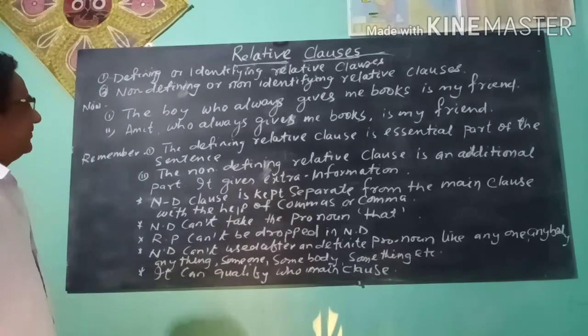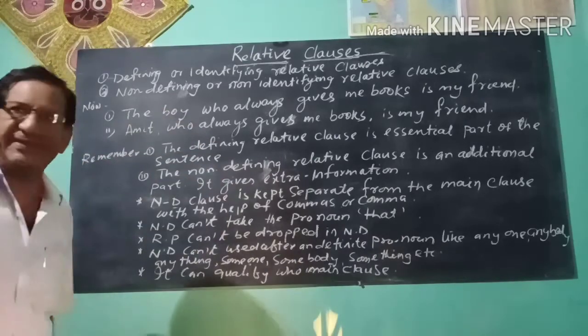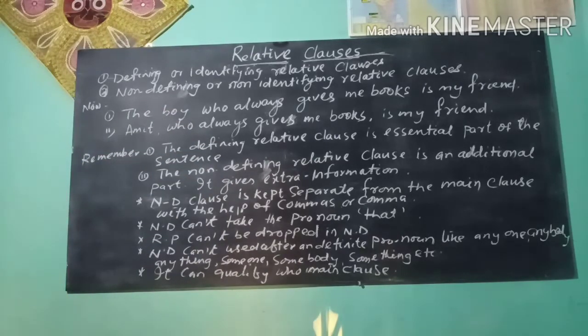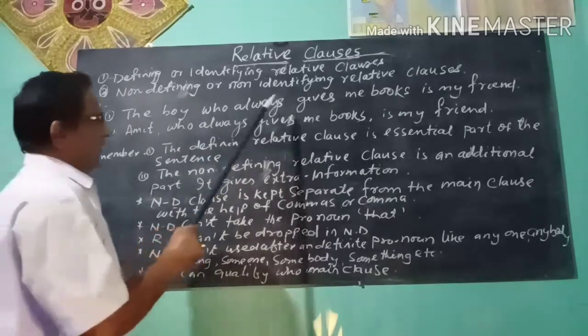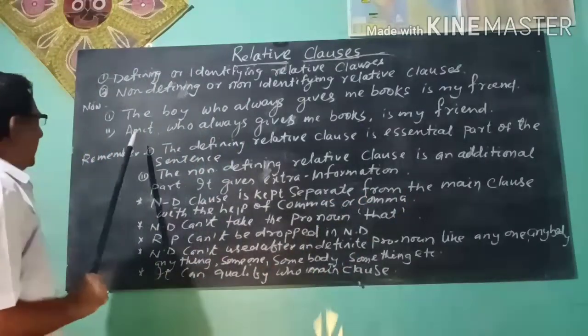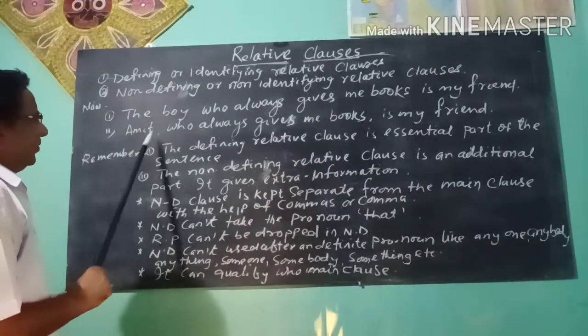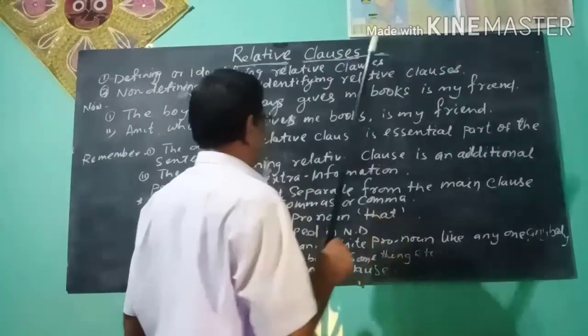Now you see, there are two sentences on the blackboard. The boy who always gives me books is my friend. Next, Amit, who always gives me books, is my friend.